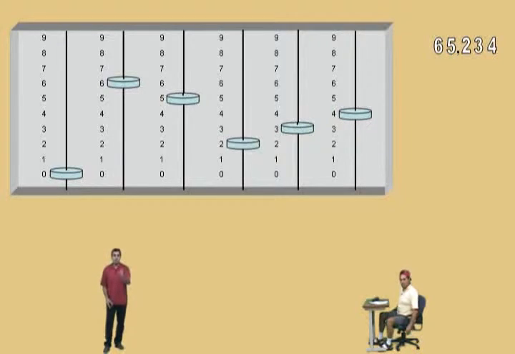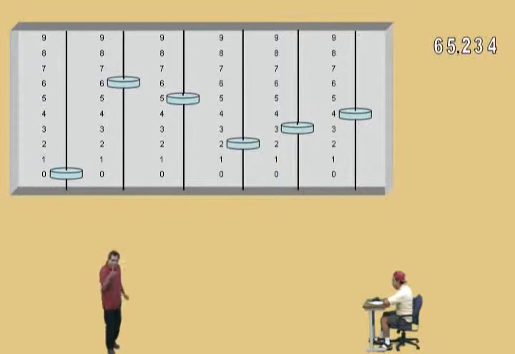So then we have the 1 millions, then the 10 millions, then the 100 millions. What comes after millions? Billions. Then you go to the 1 billions, 10 billions, 100 billions. And what comes after billions, Charlie? Trillions. So then you go to the 1 trillions, 10 trillions, 100 trillions. There you go. So that's some place value review.